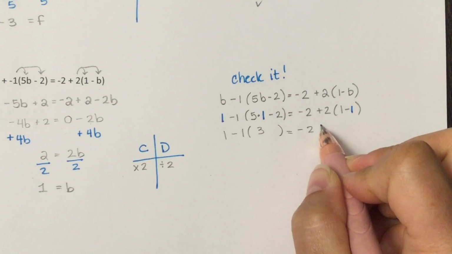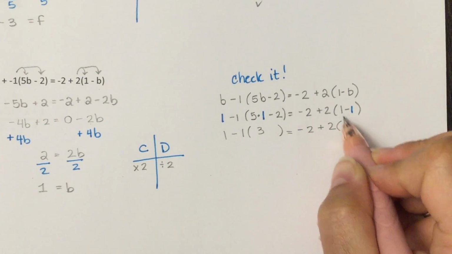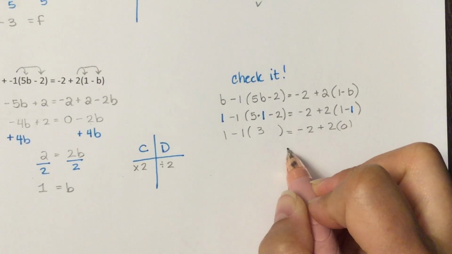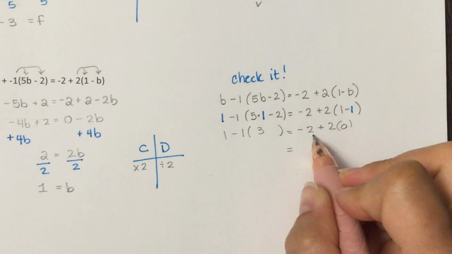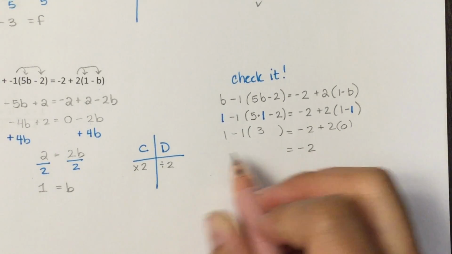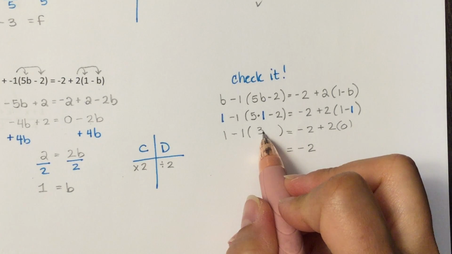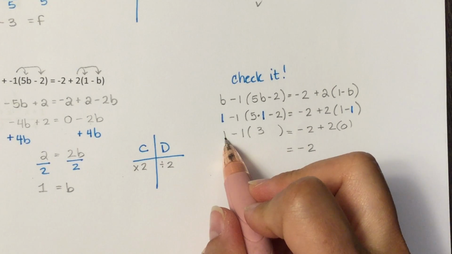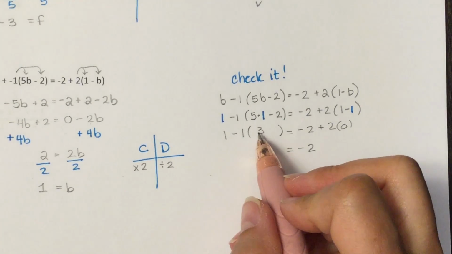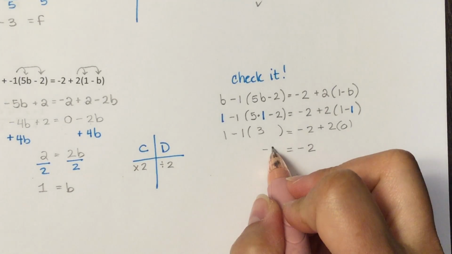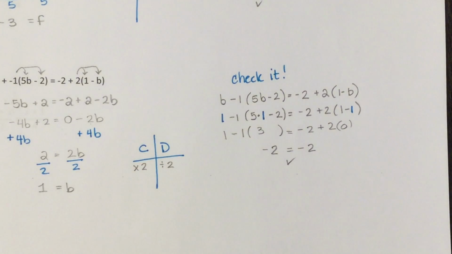And over here I have minus 2 plus 2 times 0. Quickly we're going to see that that's 0, so this is just minus 2. And over here, negative 1 times 3 is negative 3. 1 minus negative 3 will be negative 2. Right on. Awesome job.